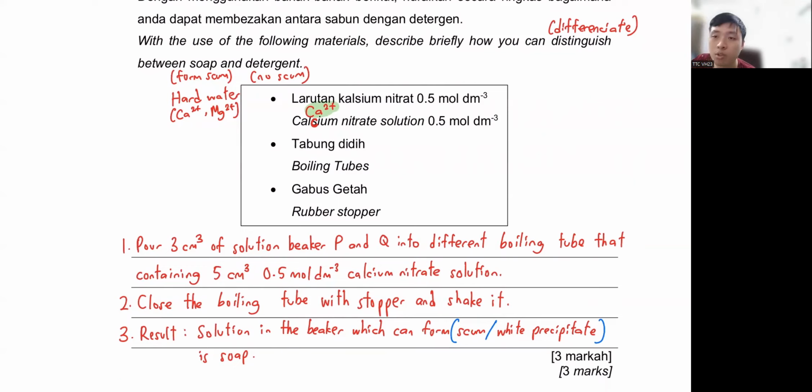Because here it doesn't involve heating, so it doesn't really matter. But maybe a boiling tube is bigger, so it matters a bit. Can I use a rubber stopper?